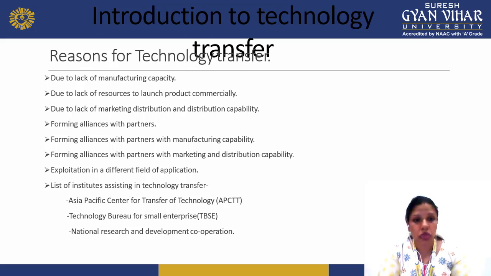First is due to lack of manufacturing capacity, second is due to lack of resources to launch the product commercially, third is due to lack of marketing and distribution capability. Next is forming alliances with partners with manufacturing capability, forming alliances with partners with marketing and distribution capability, and exploitation in different fields of applications.